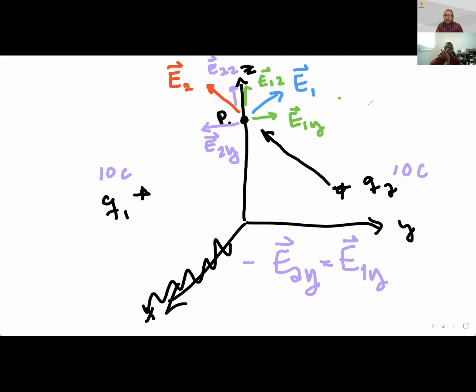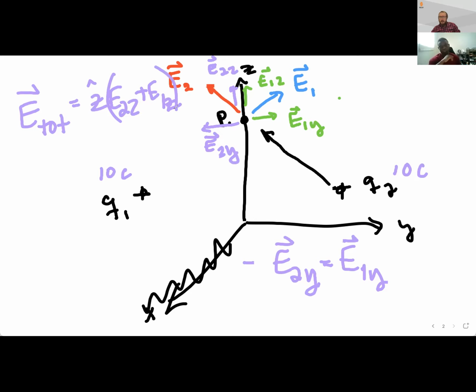They're going to cancel out. This one is pointed left, this one is pointed right, so they cancel because they're the same magnitude in opposite direction. For this case, the E total only contains the Z direction, and it's going to be E2Z plus E1Z.